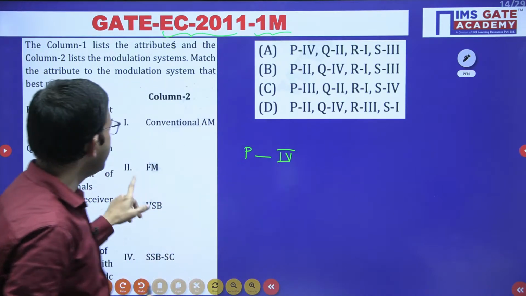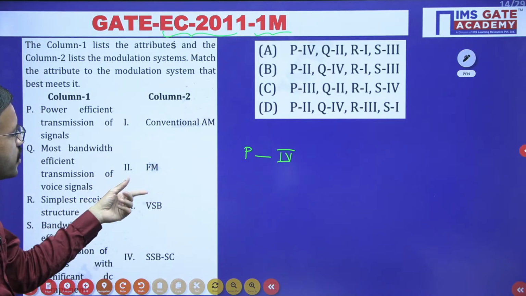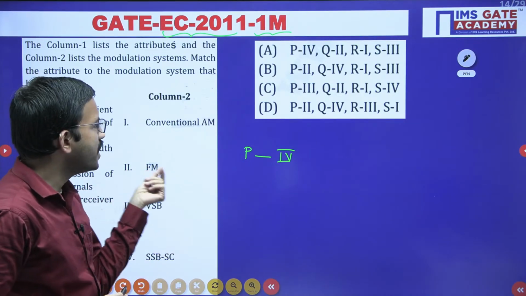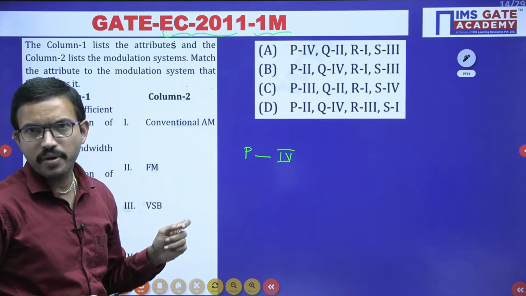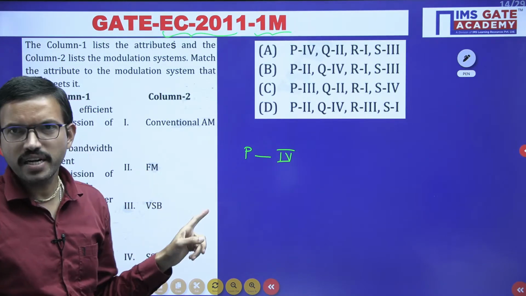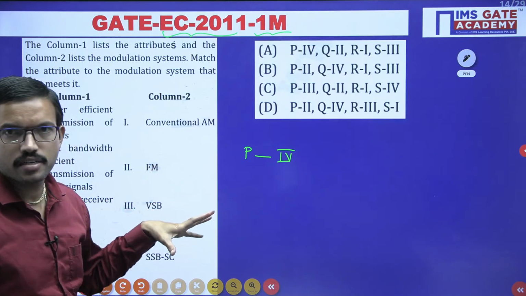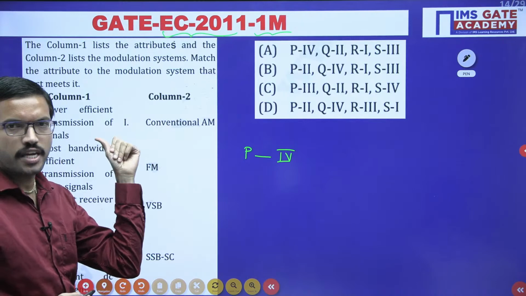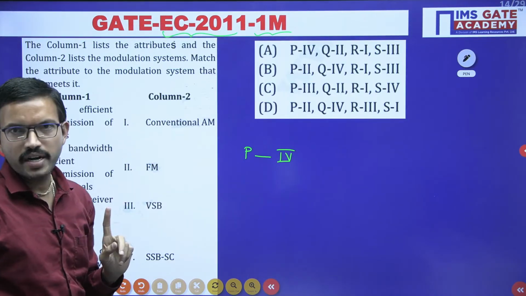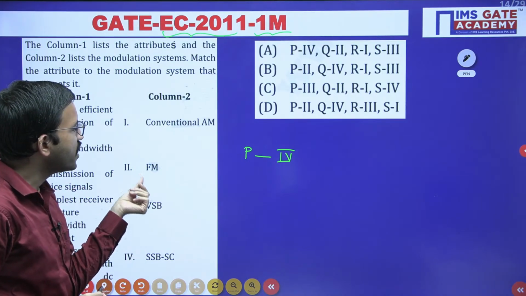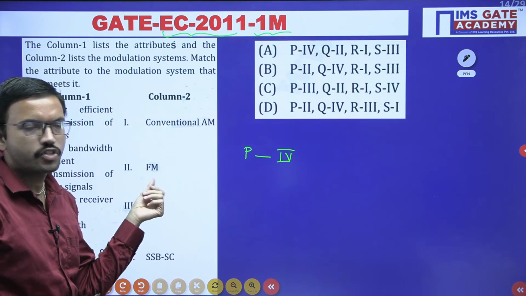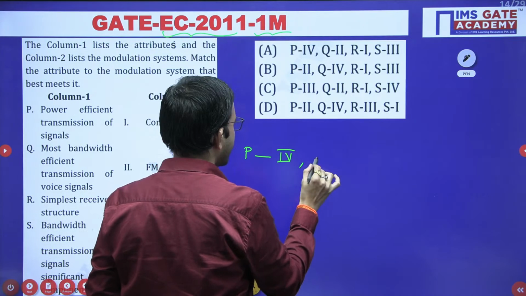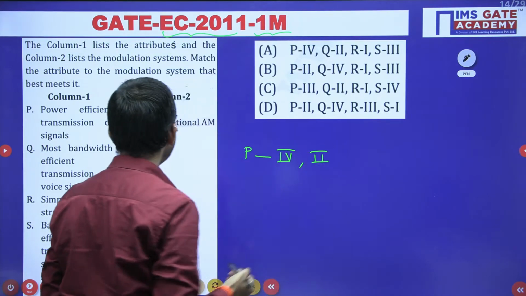Okay, but here FM is there. So regarding FM we have two possibilities: narrowband FM and wideband FM. When you consider narrowband FM, definitely it is the drawback. Narrowband FM is similar to your AM only. But if you consider wideband FM, there you are getting PC, the carrier power only, right? So with respect to that, here we get two possibilities regarding power.